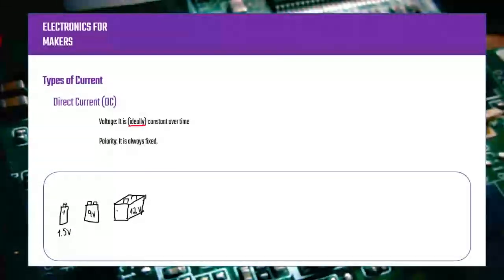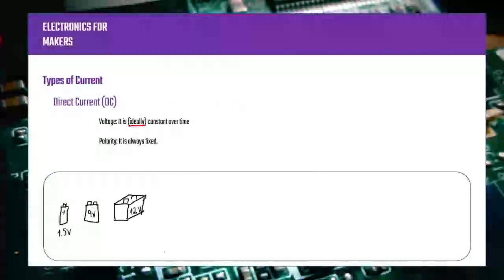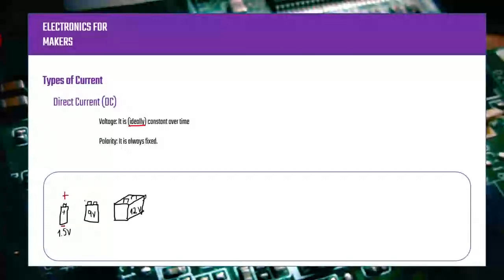See, these are all examples of direct current, because one terminal here is always positive. One of these terminals, that's what we call the connection points, is always positive, the other is always negative, and this does not change over time. One side is positive, the other is negative, and this never changes.